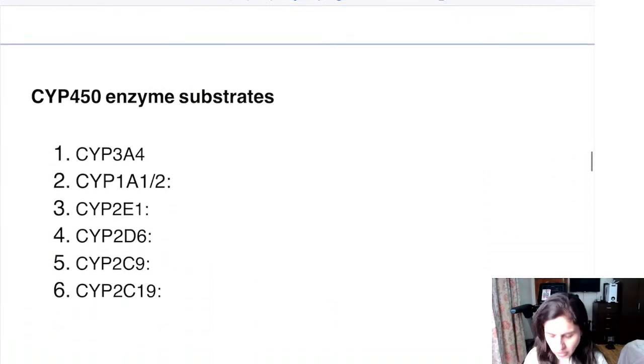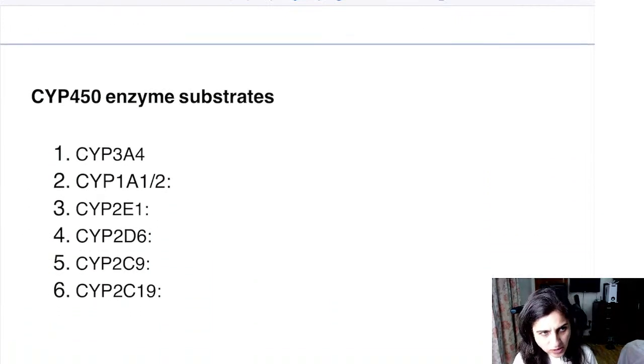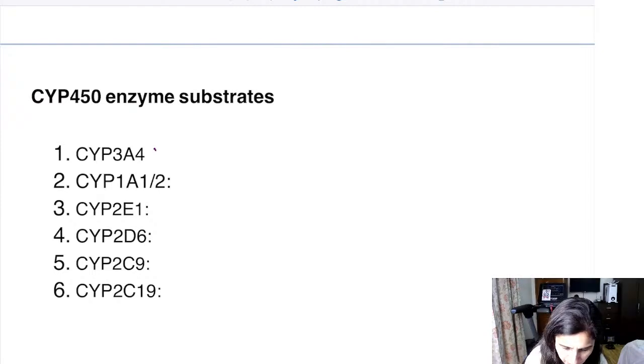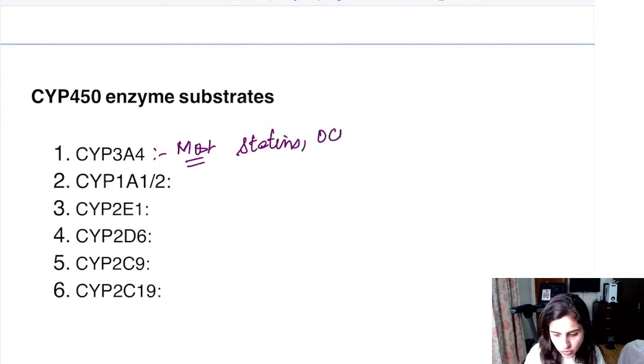Okay? So, we don't have to remember all the substrates for these, but the important substrates, because this is for most of the drugs. But if you want to remember the more important ones, these are your statins, and your oral contraceptive pills. Then we have terfenadine. These are more important to remember.